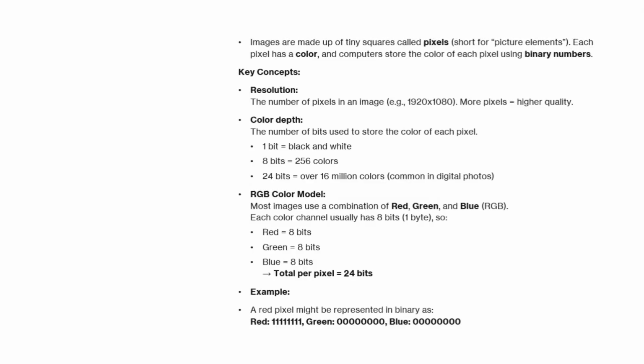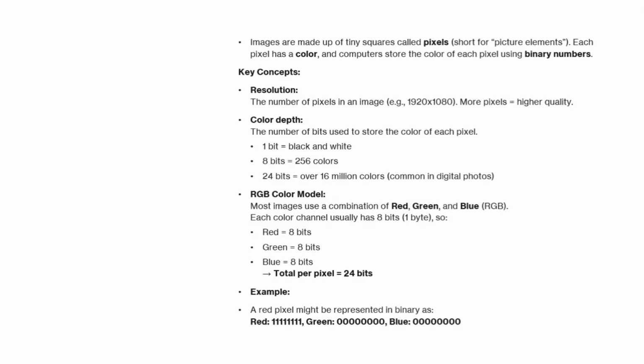More pixels means higher quality. The color depth is the number of bits used to store the color of each pixel. One bit is equal to black and white, 8 bits is equal to 256 colors, 24 bits over 16 million colors, common in digital photos.